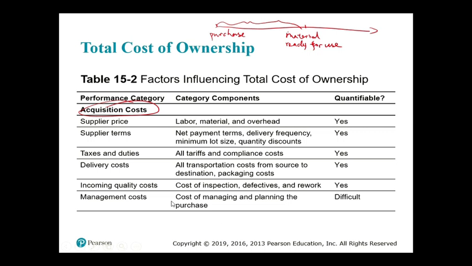And on top of that, we also need to account for the costs associated with the overhead of managing the relationship and planning the purchases. So all the first 5 components are easy to quantify, but the costs related to managing and planning relationships and purchases are difficult to estimate.